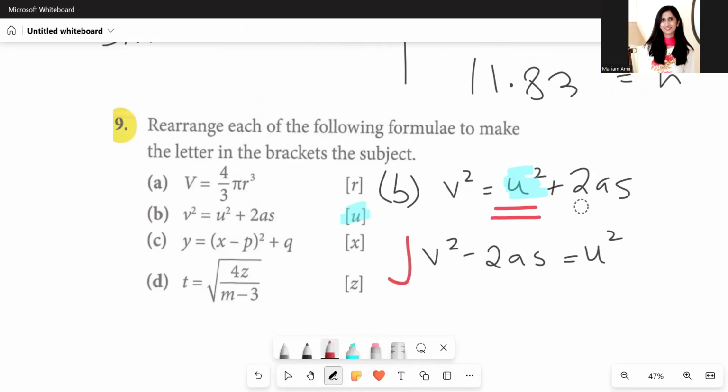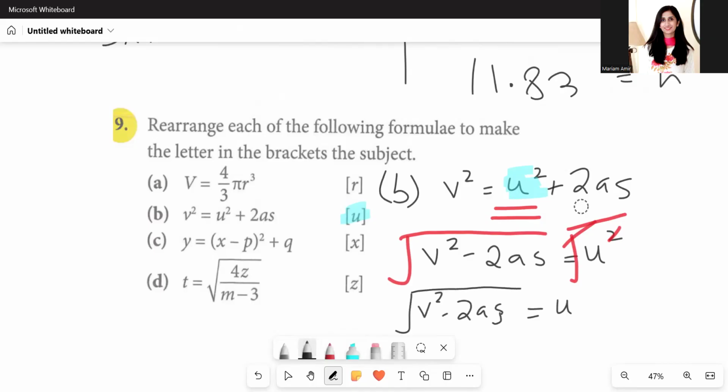So when we square root this side and when we square root this side, the square and square root just cancel each other out and we're left with the u. So v squared minus 2as square rooted is equals to u. Okay, this will be the final answer. We've managed to make u the subject and u equals square root v square minus 2s. Okay. Can anybody tell me, will this square and square root cancel out?